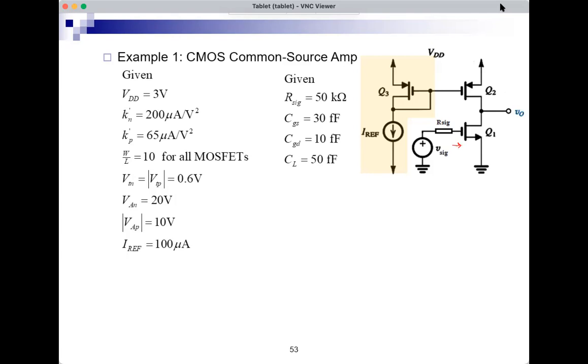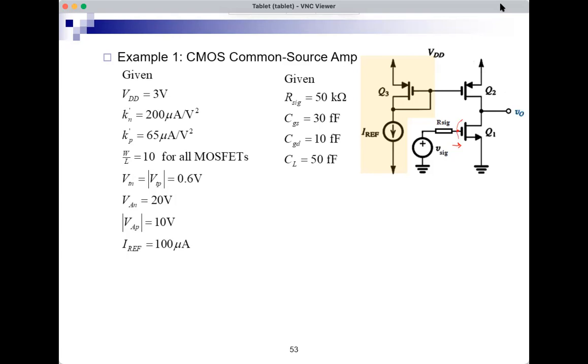But now, when I'm doing high frequency analysis, I have the capacitor CGS and the capacitor CGD connected to this node here. CGD is like this, CGS is from here to ground. So now I need to know how much Rsig is, because this is no longer really an open circuit at high frequency.